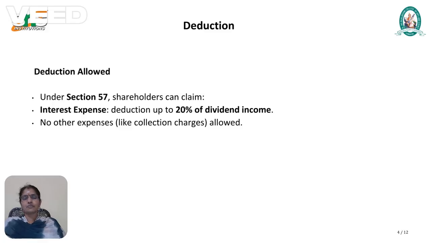When an individual receives a dividend, under section 57 the shareholder can claim a deduction for interest expenses, up to 20% of the dividend income. No other expenses like collection charges will be allowed. These are the deductions allowed by the Income Tax Act.